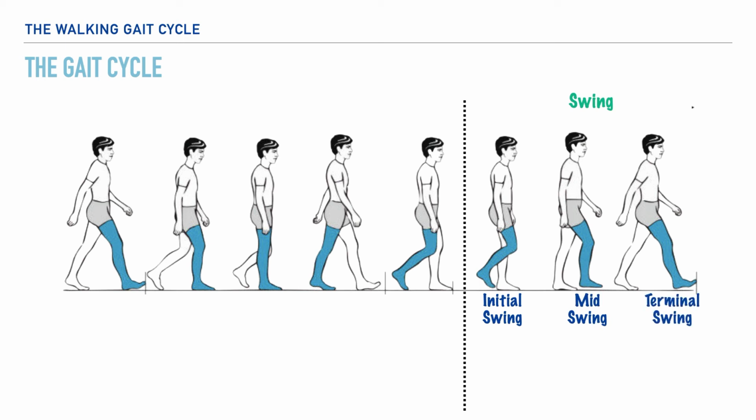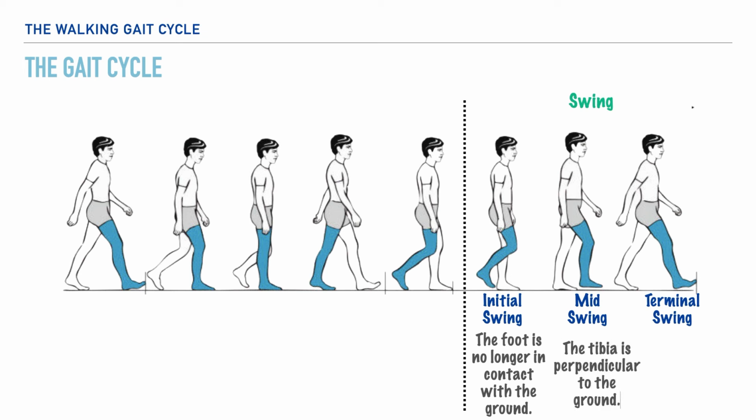Now, in the initial swing phase, this represents the point in walking where the foot is no longer in contact with the ground. Next, we have the mid-swing phase, which is best represented by the positioning of the lower leg to the ground. Specifically, in the mid-swing, we'll see that the tibia is perpendicular to the ground. And lastly, we have the terminal swing, which represents the moment in which the heel is preparing to make contact with the ground.